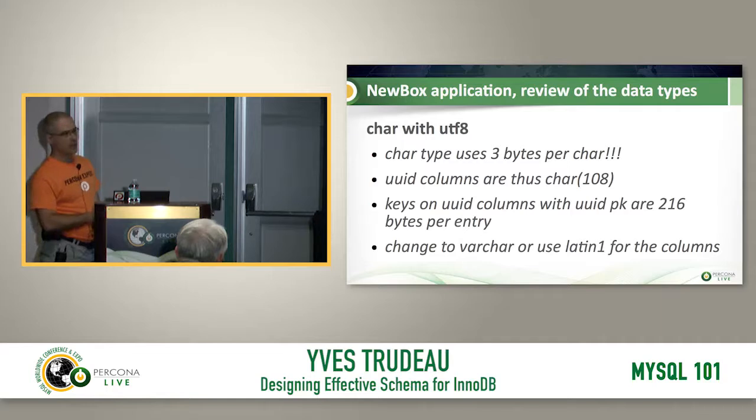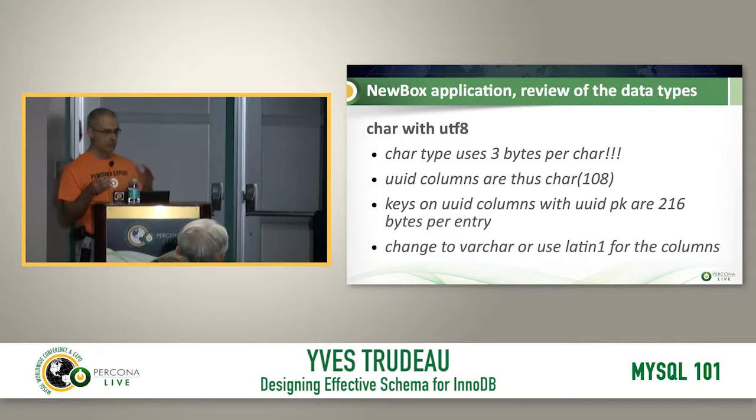First problem, I've defined a lot of char with UTF-8. What does that mean? Char has to reserve 3 bytes per UTF-8 character. That's a common error that people make. So when you define a UUID column with char 36, what you end up doing is a char 108.